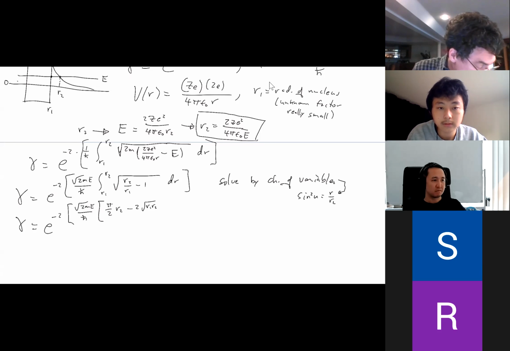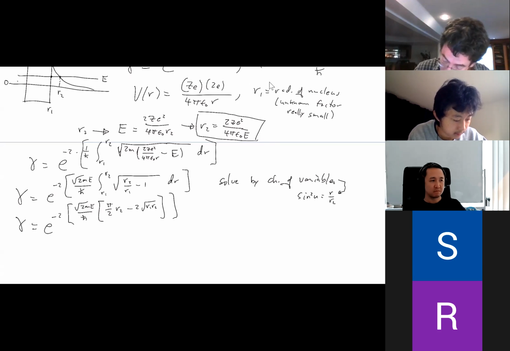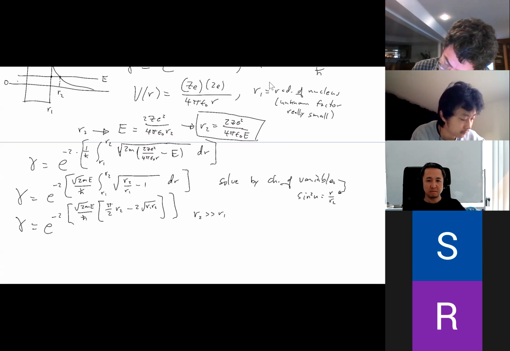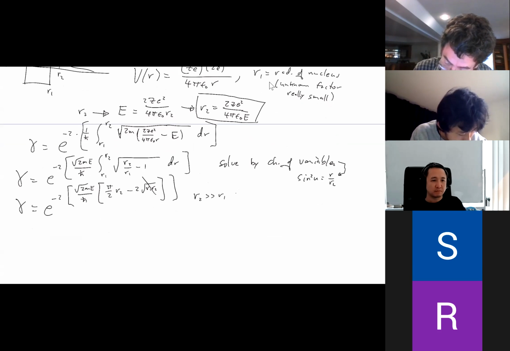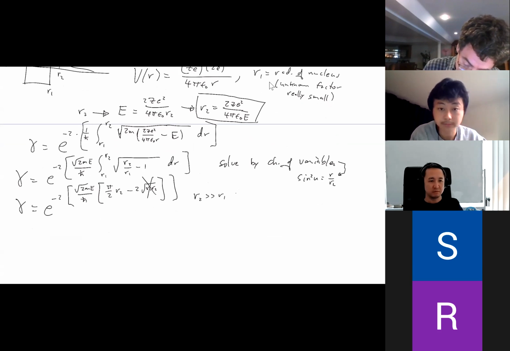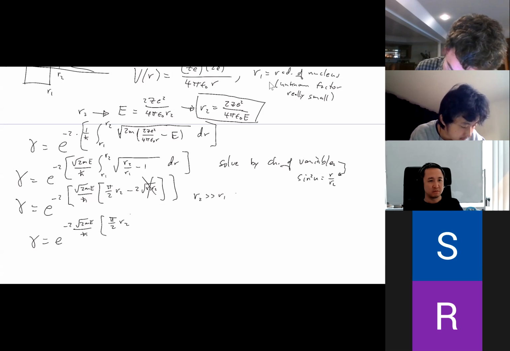And so then, if we say that R2 is way bigger than R1, then we can knock out this part. And so then we get that gamma is equal to e to the negative 2 square root of 2mE over h bar times pi over 2 R2.